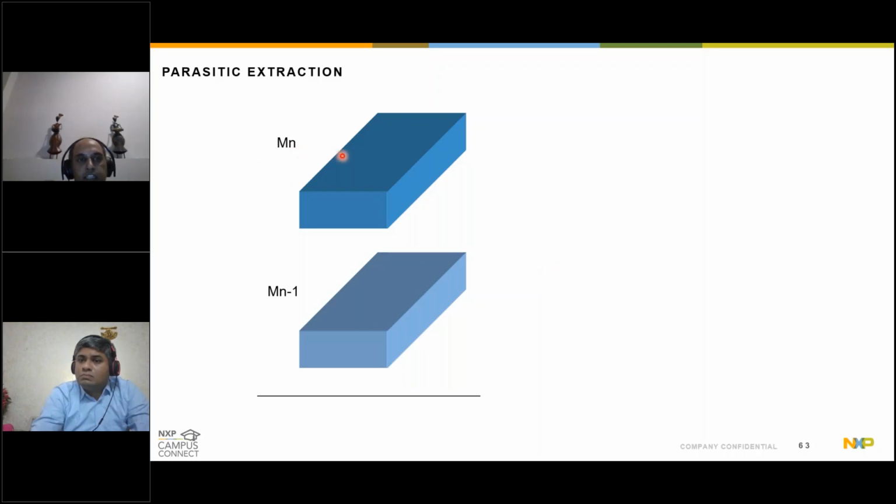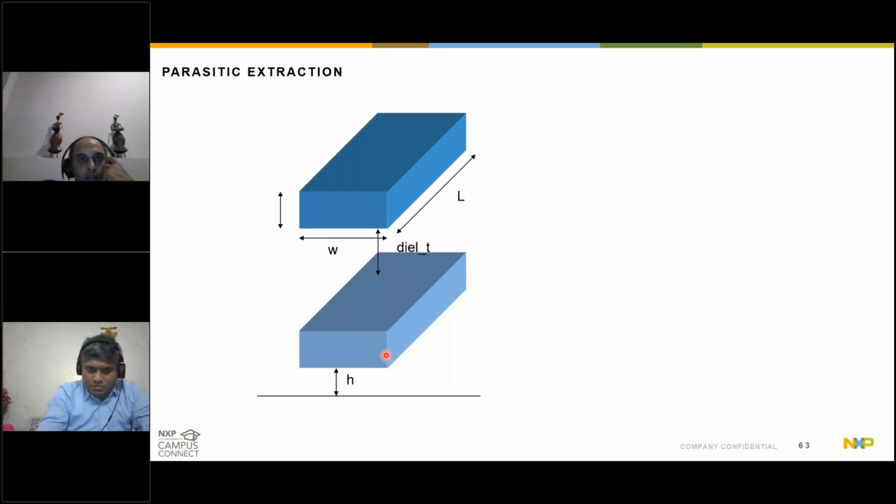Mn is, let's say, the nth metal layer. A signal is laid out on the Mn layer, and another signal is laid out on the Mn minus one layer, one level below. These will interact with each other electrically. Electrical field will couple these metal plates in multiple different ways.